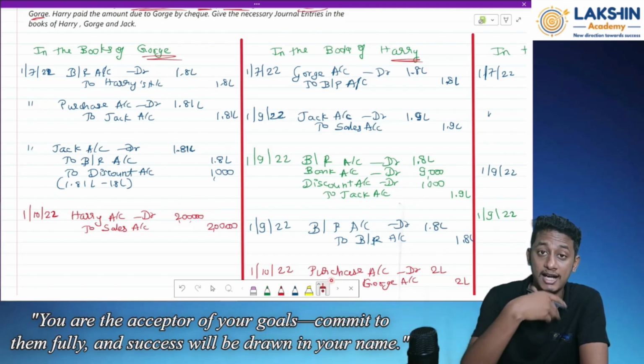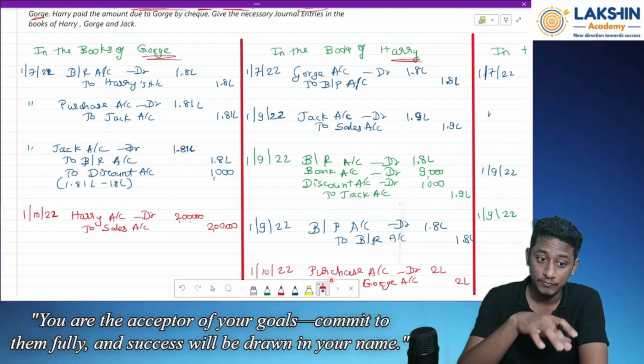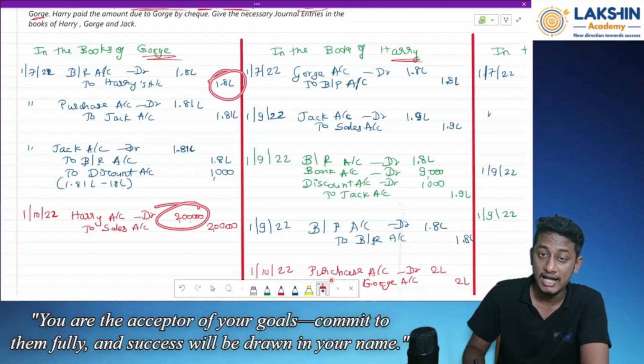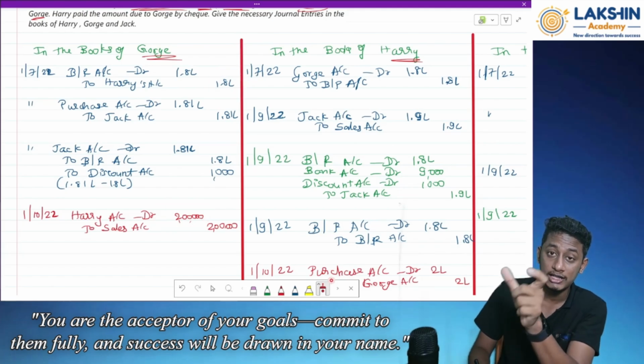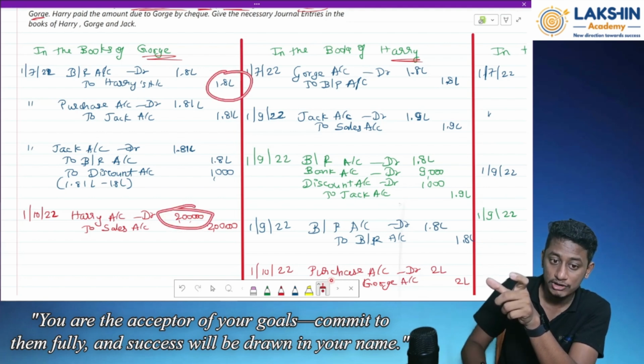Now that means that there is some amount due to be received from Harry. Because I have debited 2 lakhs, I have credited 1.8 lakhs. So the net amount remains on the debit side, right? So that means it is supposed to be received. Here he was a debtor for rupees 2 lakhs, here a creditor for rupees 1.8 lakhs.